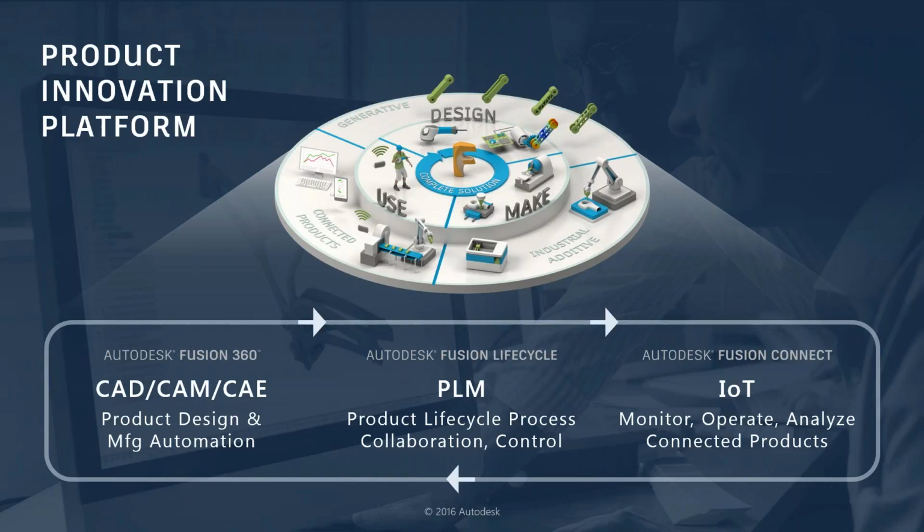Okay, great. I wanted to add one more thing. What you saw today was Fusion 360. Autodesk is investing in this platform. We're calling it the Product Innovation Platform, where we not only offer an all-in-one CAD, CAM, and computer-aided engineering tool, but also we're trying to improve and make the entire development process easier, from design to make to even use. They're offering a tool called Fusion Lifecycle for product lifecycle management, and Fusion Connect for Internet of Things. We actually just announced Cloud PDM last week at a big conference of ours called Accelerate.